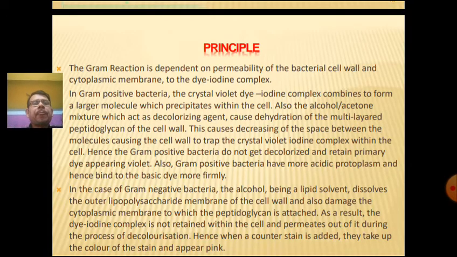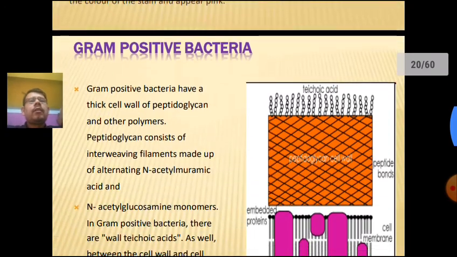Also, gram-positive bacteria have a more acidic protoplasm. Gram-negative bacteria, however, are composed of a lipopolysaccharide portion, so the lipid content can be solubilized in the presence of alcohol. The alcohol dissolves it and it is decolorized.